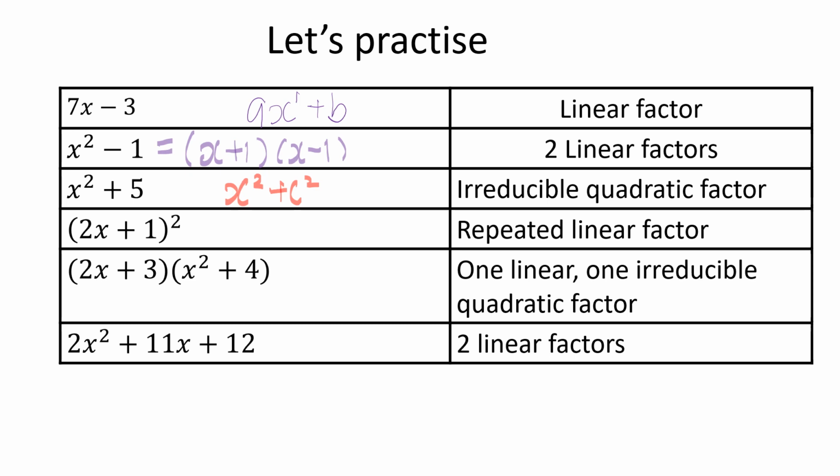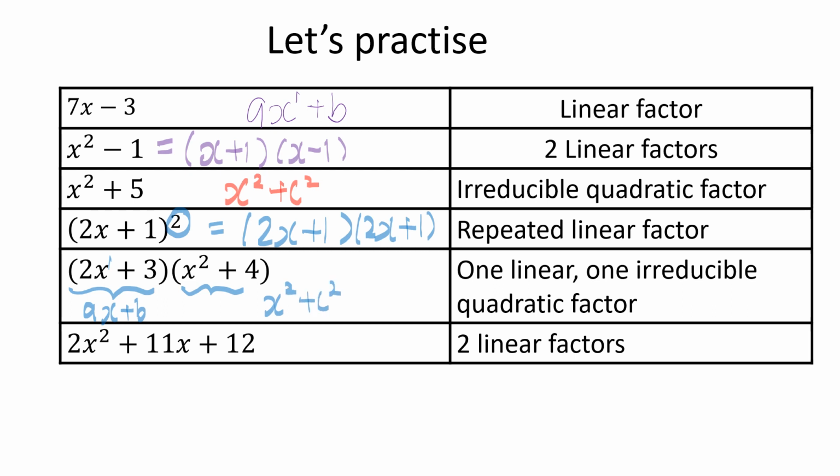And for the next one, 2x plus 1 to the power of 2, this one is actually 2x plus 1 stacked together, two of the same kind stacked together. So this is called a repeated linear factor. And the next example, the first one is in the format ax plus b, so that's linear. So we have one linear, and then this is in the form x squared plus c squared, that will be irreducible quadratic.